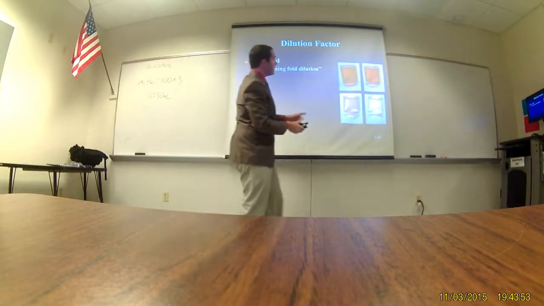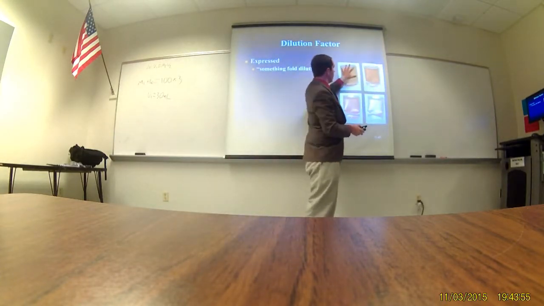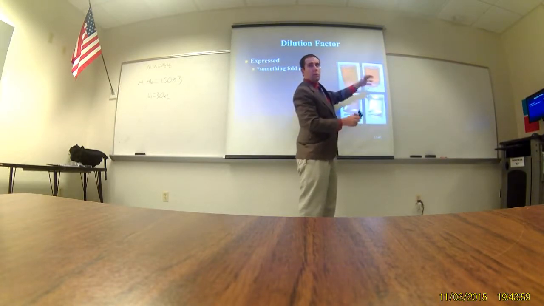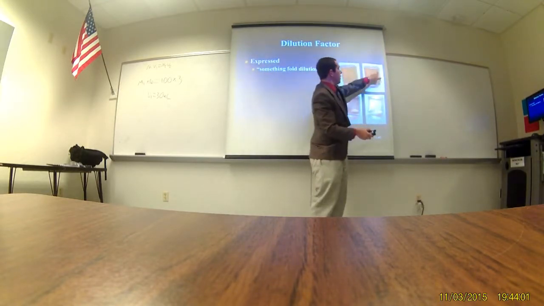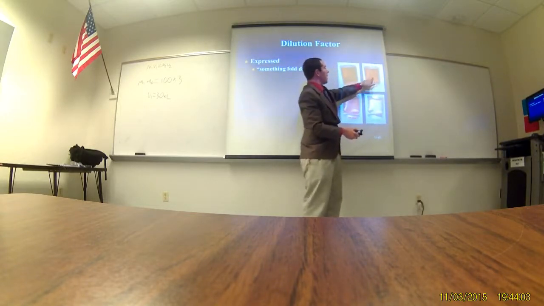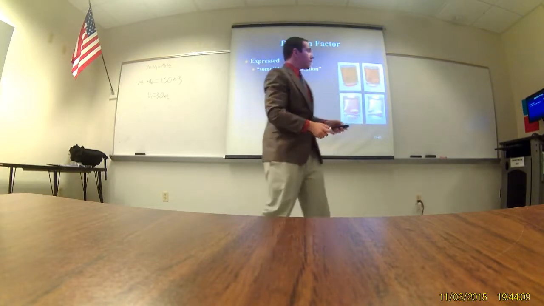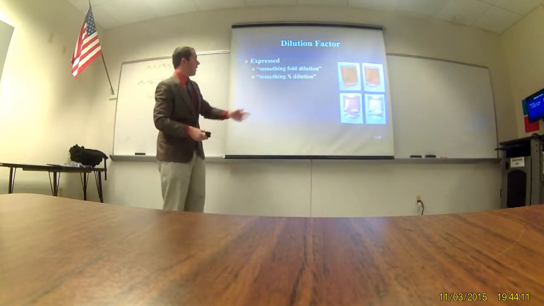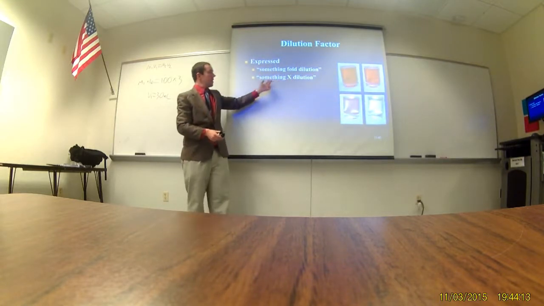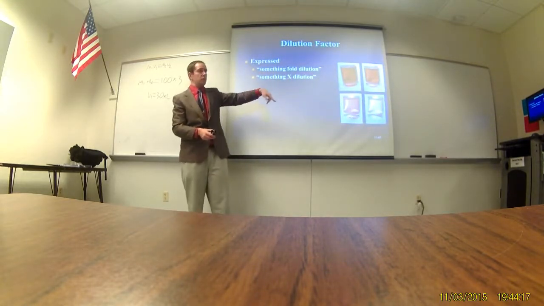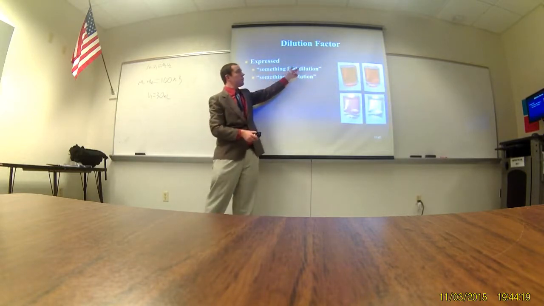So if we say that you took this glass of Kool-Aid, you doubled the volume, and now you poured it into 2 glasses, this is what it looks like. And you could say that this one is twice as red as that one is. Another way you could say this is it's a 2x dilution. A 2x dilution is the same thing as a 2-fold dilution.